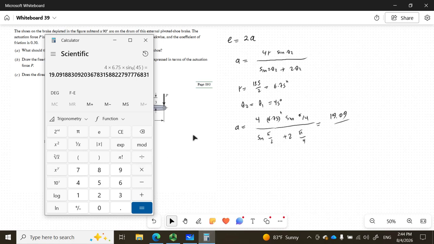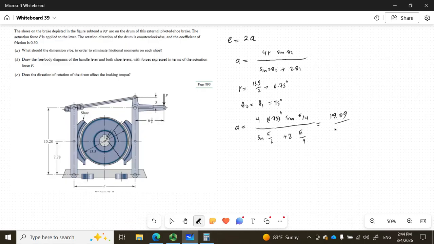And then I have in the denominator sine of pi over 2, which is 1, plus 2 times pi divided by 4, so we have 2.57.